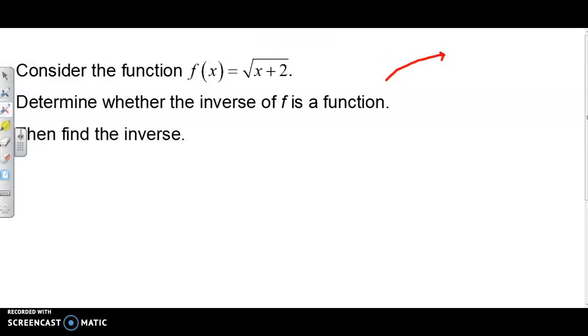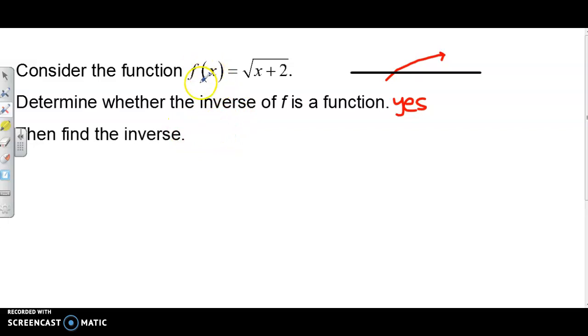So if I had a horizontal line and I moved it up and down on this graph, would it touch the graph in more than one place at any time? Well, the answer would be no. So, to determine whether your inverse is a function, yes. It passes the horizontal line test.